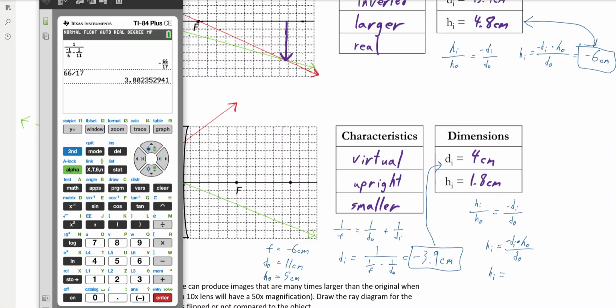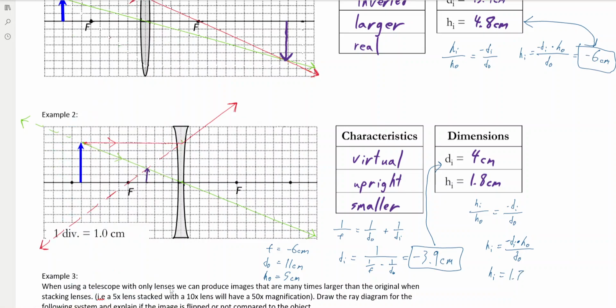Which is going to be negative DI, which we already know is a negative 3.9, times HO, which is 5, over DO, which is 11, and we get a result of 1.77. Ooh, not too bad. 1.77, which we round to 1.8. And look at that. That's what we have here. So not bad at all.